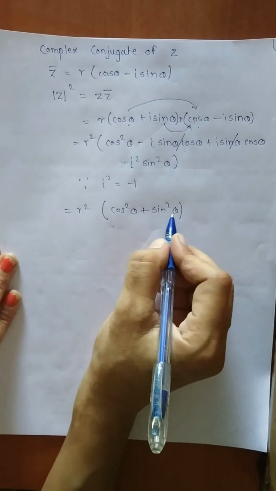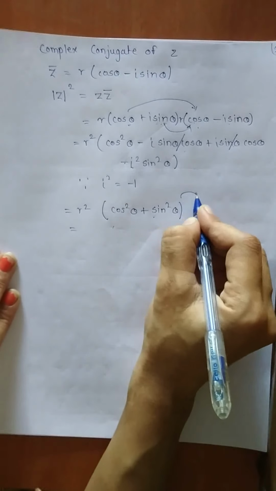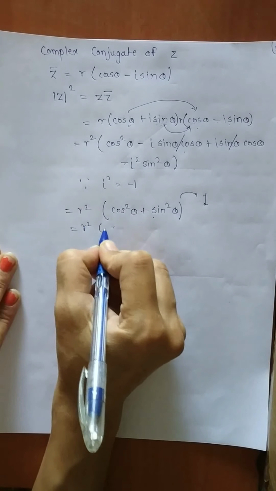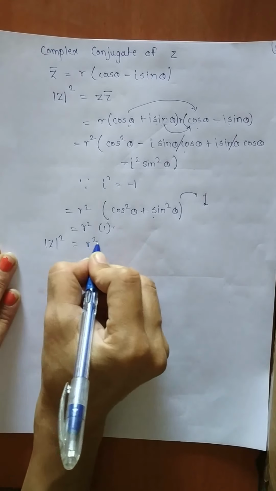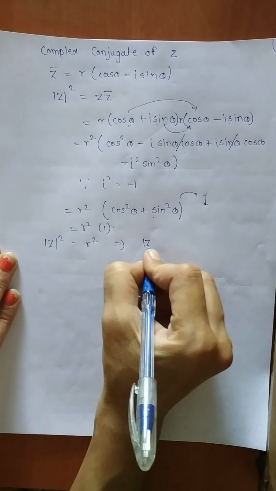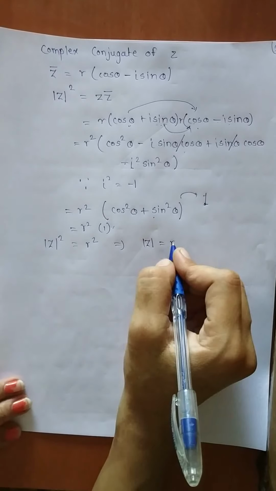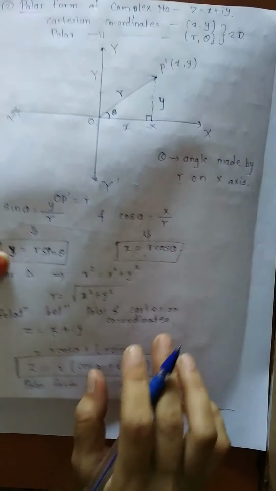You already know from mathematics that sin square theta plus cos square theta is 1. So r square into 1, that is, mod z square equals r square. This implies that mod z is nothing but r.